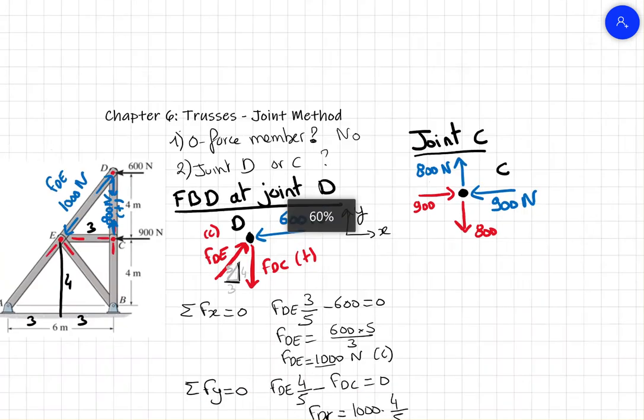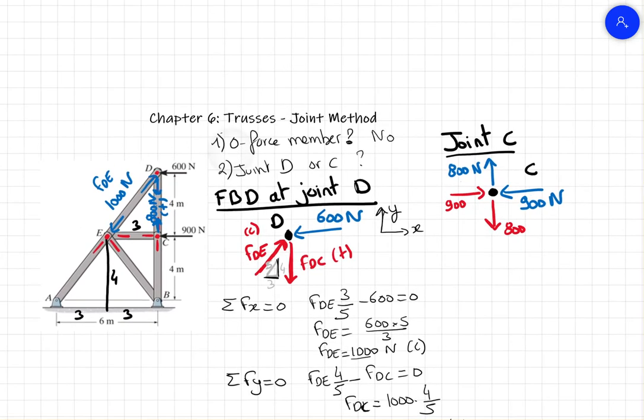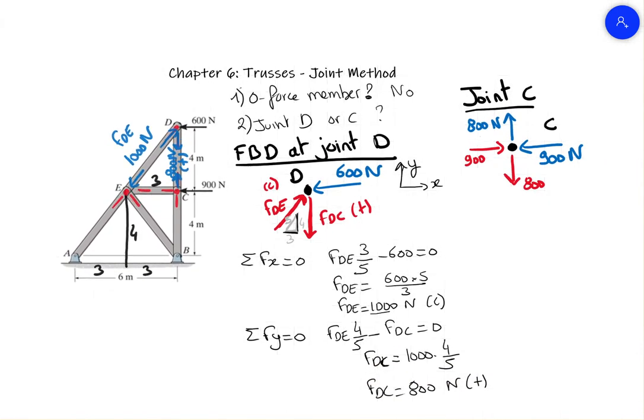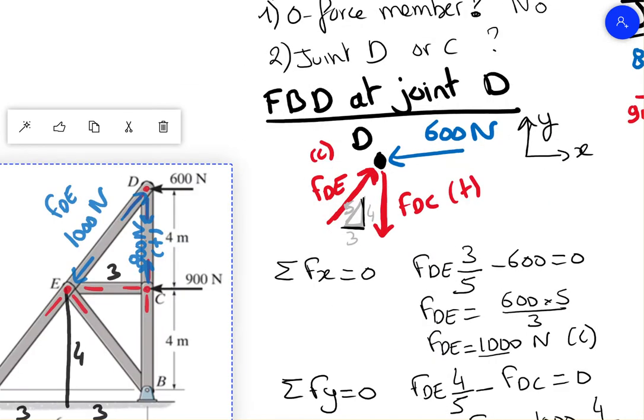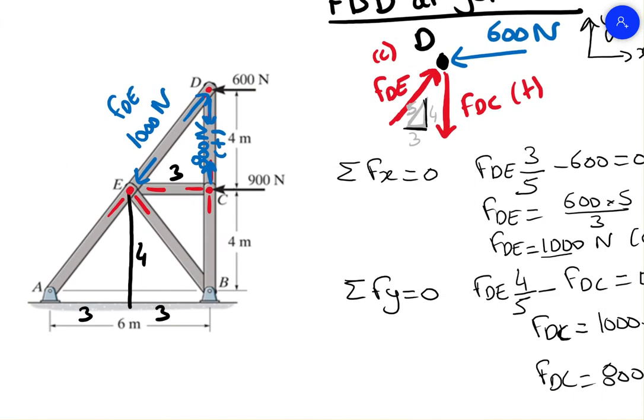So let's report that on this free body diagram. We found 800, so it means that we have 800 also there. And this one to the right, so this one to the left, 900.